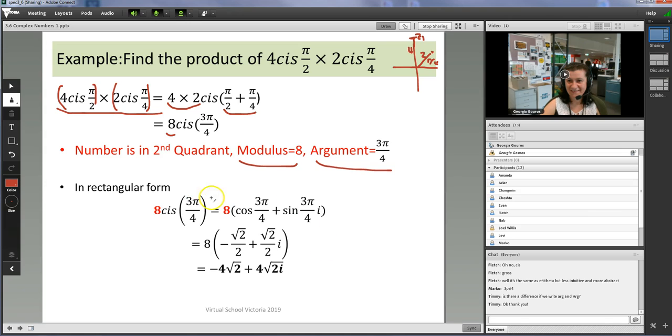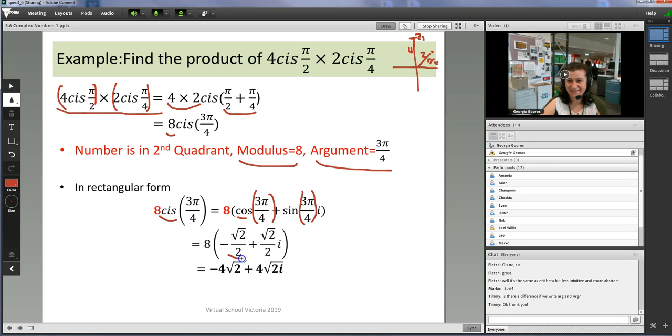And we can re-express that number in rectangular or Cartesian form by expanding what cis really means. Remember, cis is just shorthand for cos of the angle plus sine of the angle times i. We know our exact values. 3 pi on 4 is in the second quadrant.